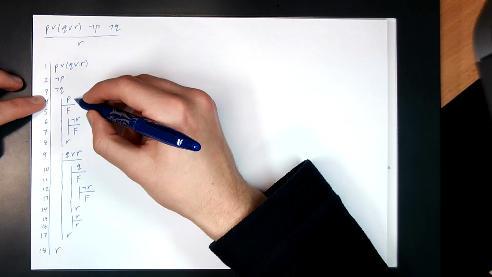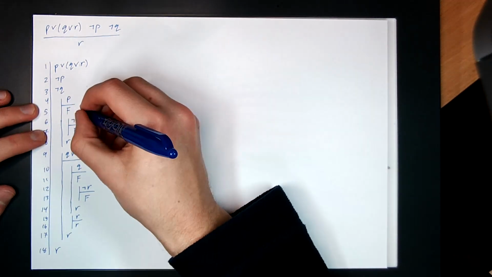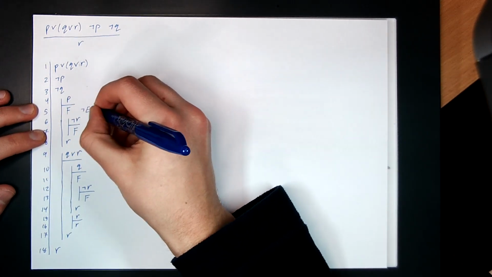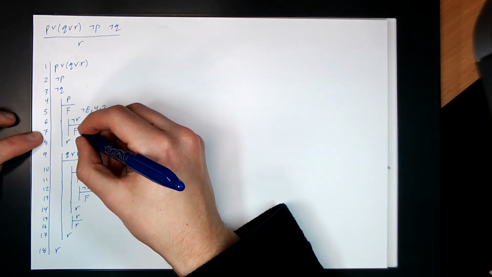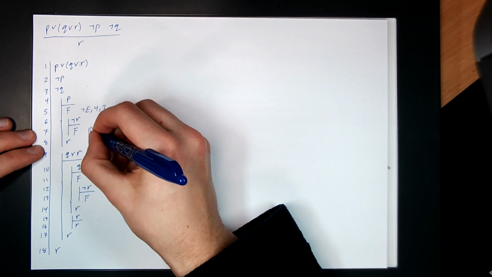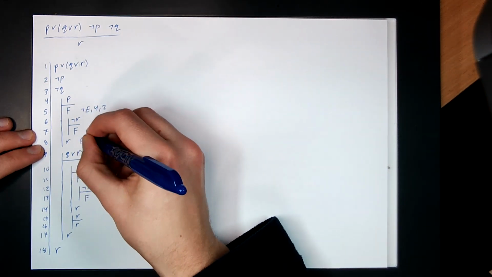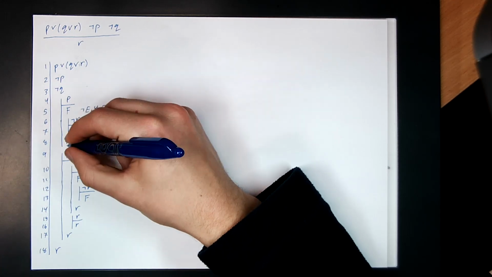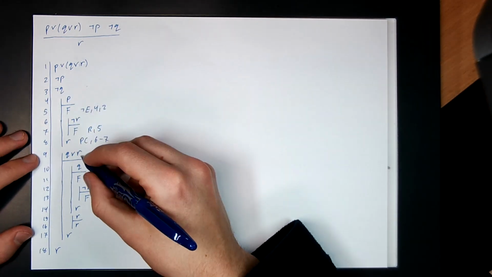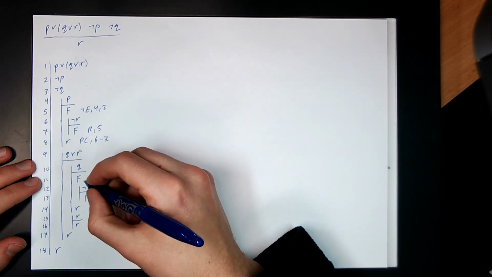Where did that come from? P and not P. So negation elimination, line 4, line 2. That was an assumption. That was the false from above. And then proof by contradiction, lines 6 through 7, because assume not R, magically get false, therefore R.